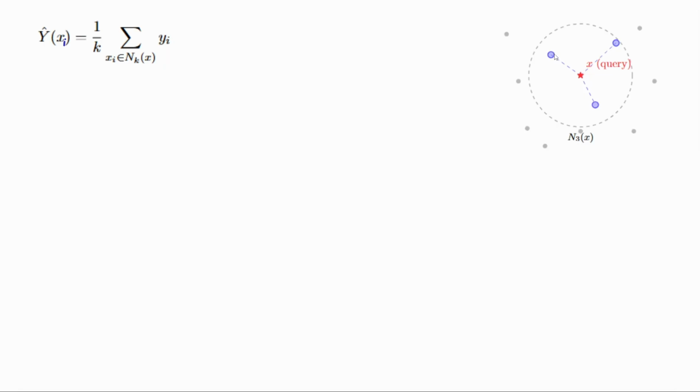Then you take the average of one point, which is just itself, and assign it to that point, which is exactly the same value as the point you used to predict that exact same point. So you're not really doing anything here. When k equals 1, your training error necessarily drops to 0.